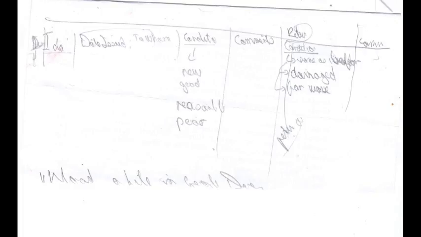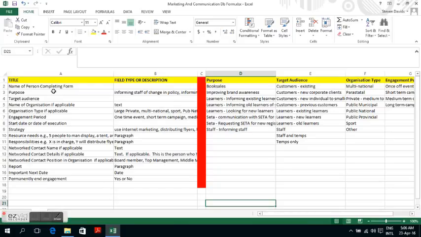Sometimes I do it so quickly, it's only me who can understand it. But it is very important that you start with a design. And I find it easier because if I go directly to the electronic form, I just struggle there.